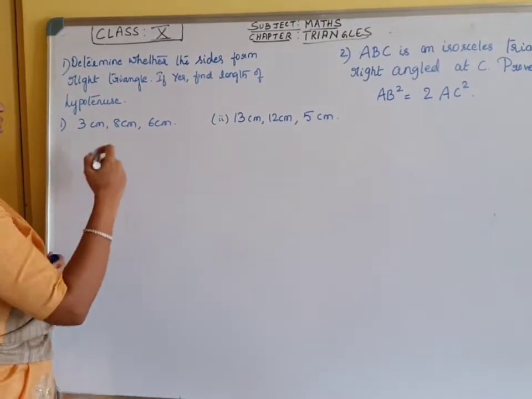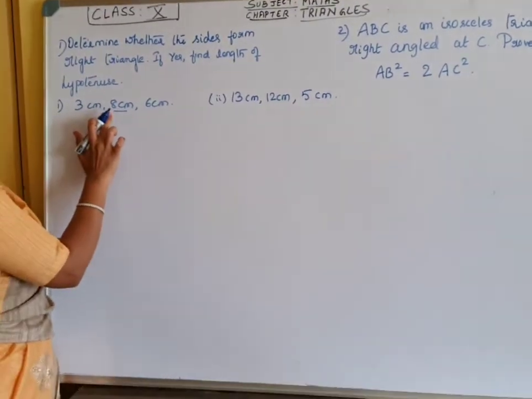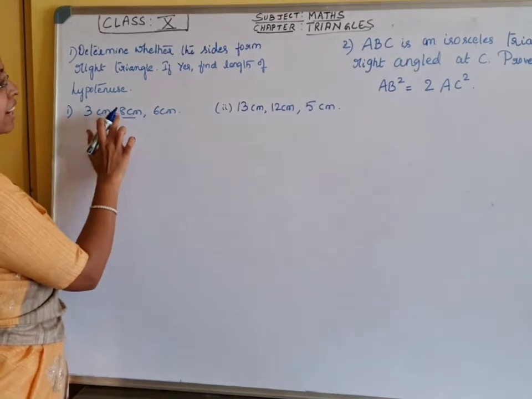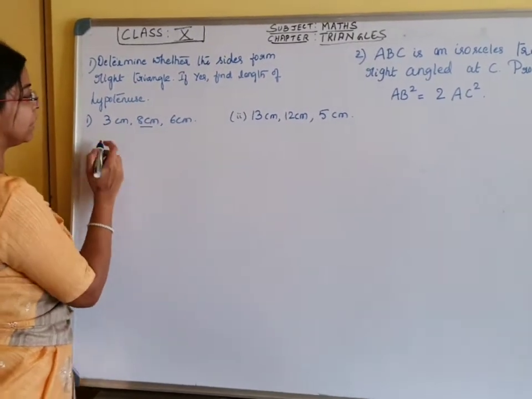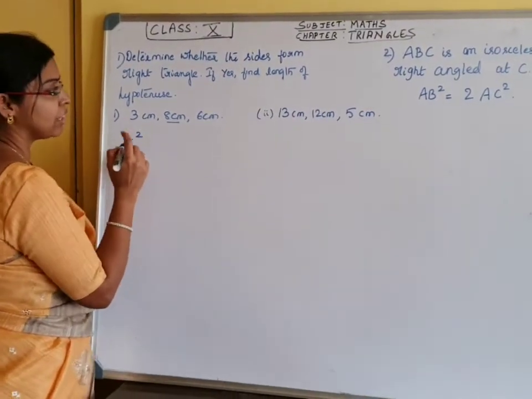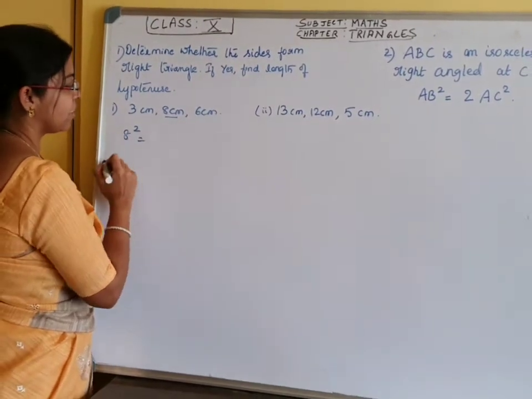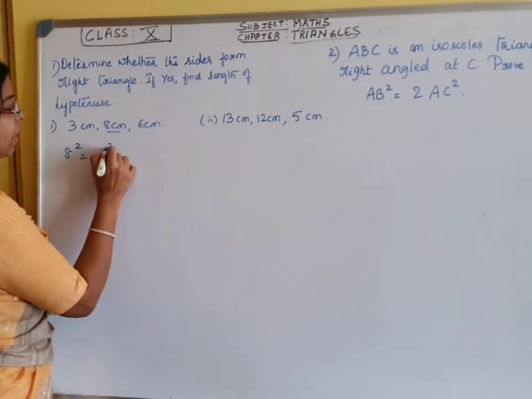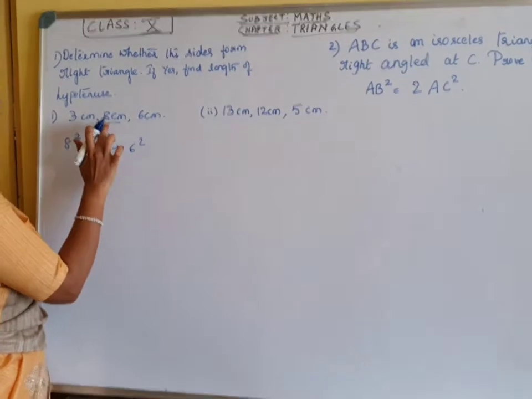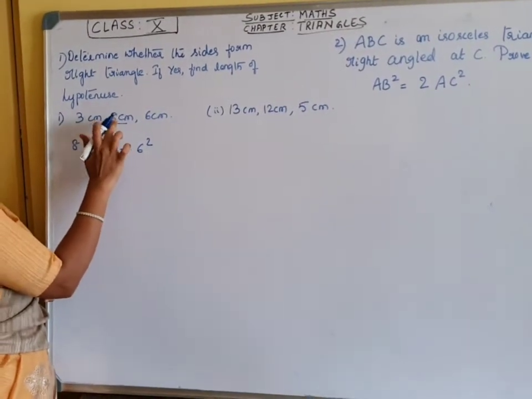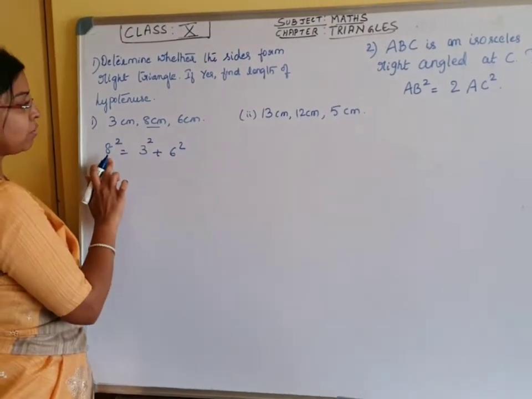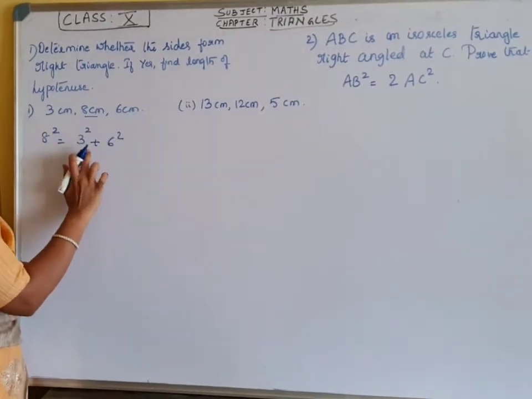For that, first you take the side which has the highest magnitude, which is 8 cm. Take the square of it. We know from Pythagoras theorem, if you consider the highest side as hypotenuse, the square of it will be the sum of the squares of the other two sides.